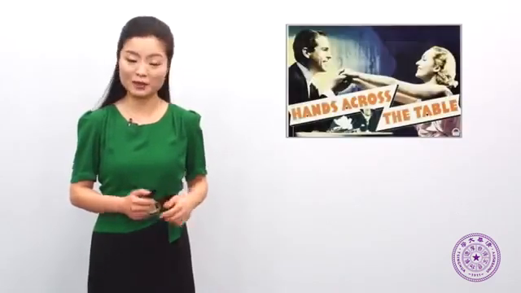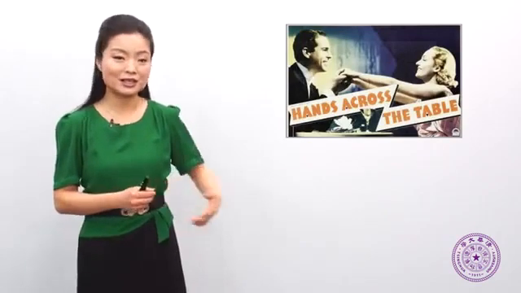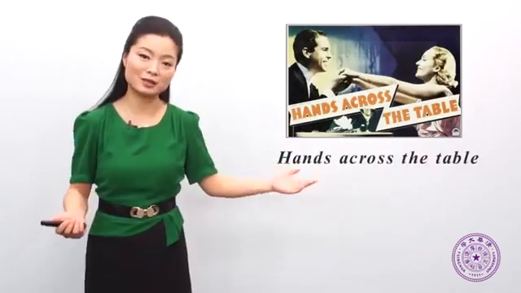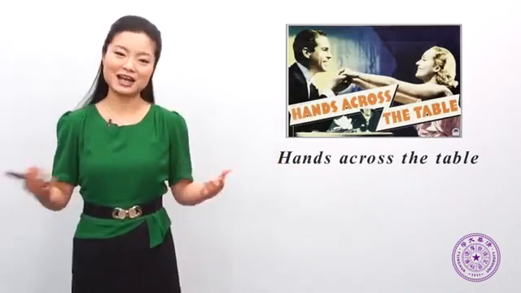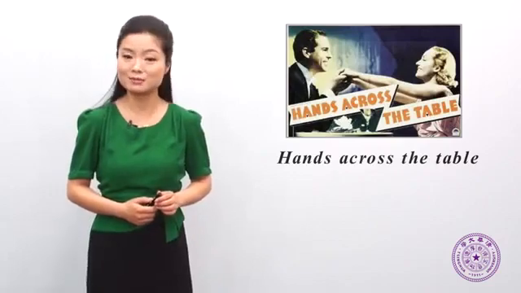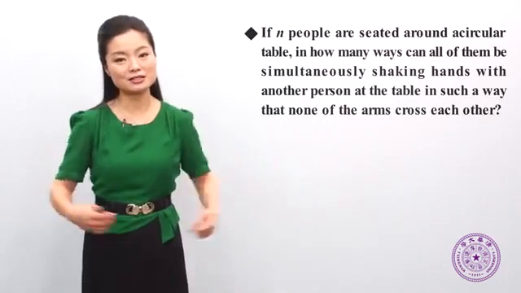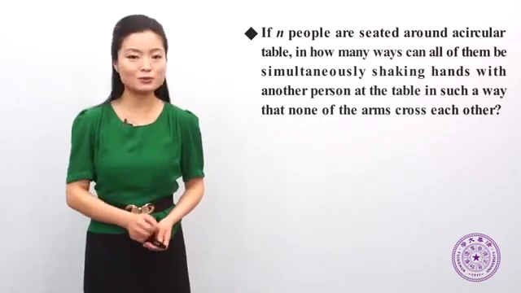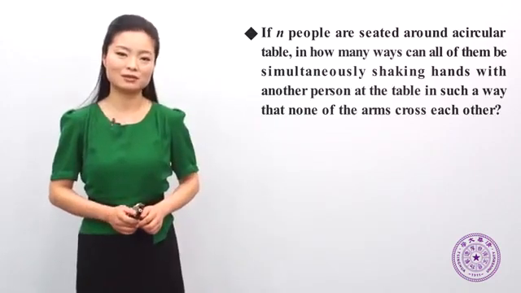We have also had a very classic romantic movie with the name Hands Across the Table. Although the name might sound like a love story, it is actually also a very classic combinatorial problem. Let's imagine we have n people sitting around a round table having dinner. Then let's imagine a situation where the people greet each other. If 2 people pairwise want to shake hands, there is a problem.